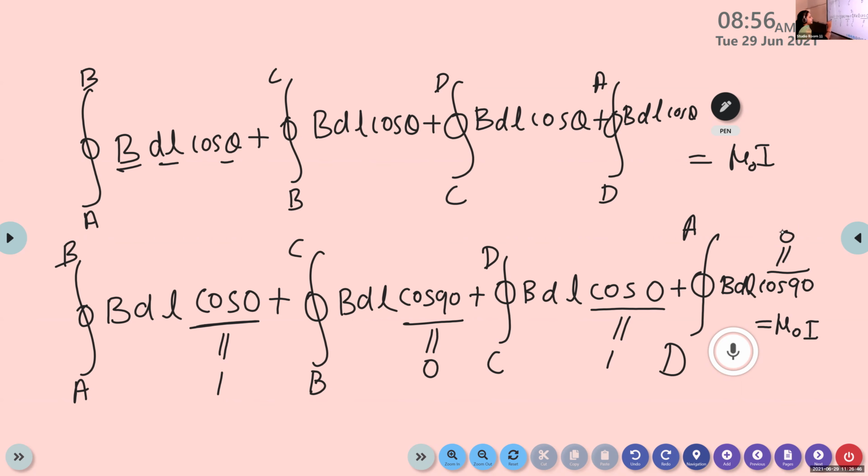Yes. So here we know that the second and fourth terms have cos 90. Cos 90 is 0, so that entire term will be cancelled. So from this equation, closed integral over B to C, B dl cos 90 is equal to 0. Similarly, closed integral over D to A, B dl cos 90 is equal to 0. So what is left?